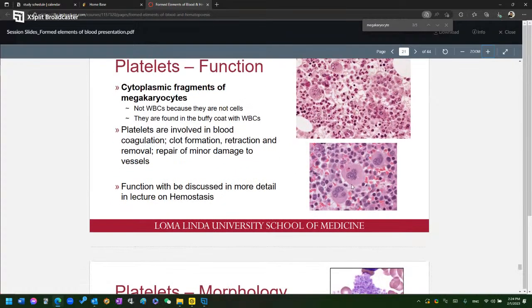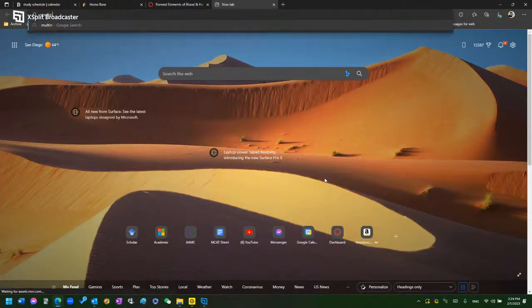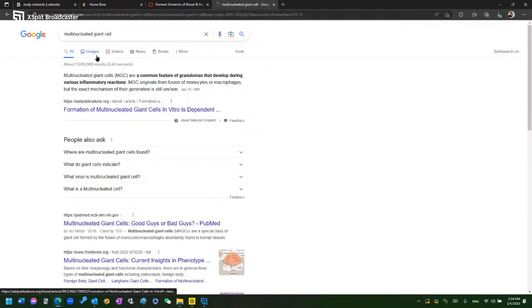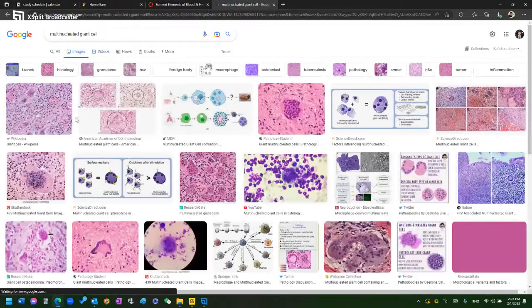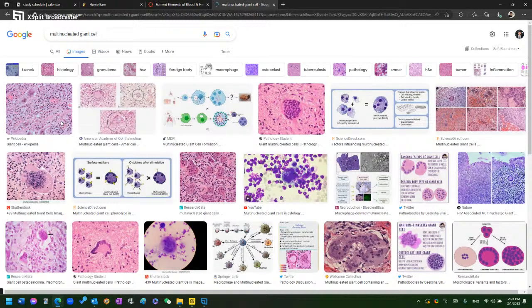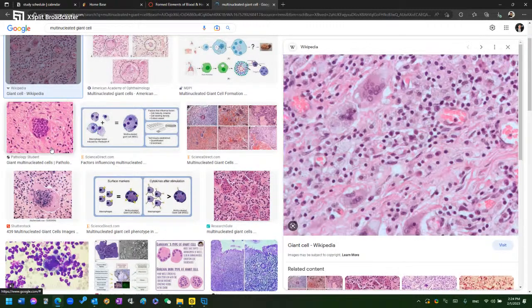I don't really know how you would tell the difference between a megakaryocyte and a multinucleated giant cell. Let's see if I can find a distinction right now between the two. So giant cell is truly multinucleated, I guess you could say.